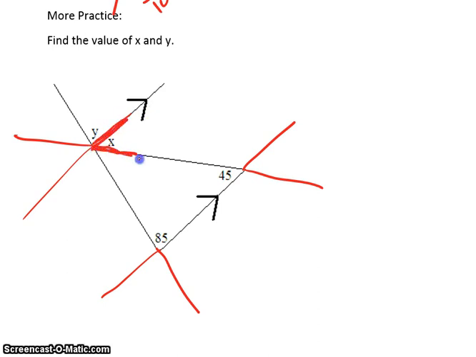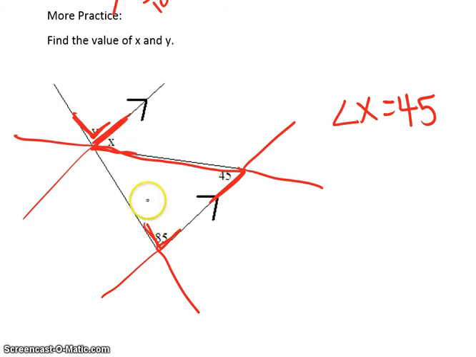And if I continue, it's going to make a Z. AIA angles makes angle X 45 degrees because they are congruent when the lines are parallel. And lastly, if I look at Y, I have this angle here and this angle here. They slide into each other. That's corresponding. So angle Y is going to be 85 degrees.